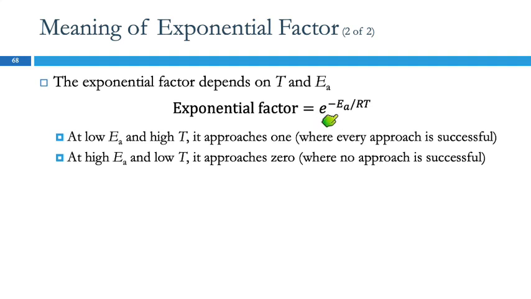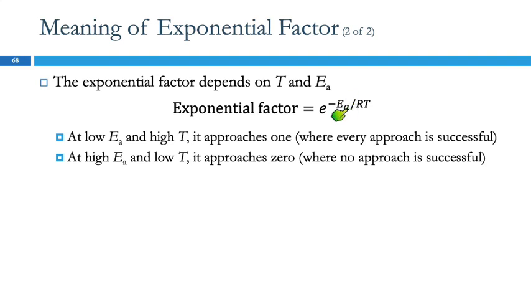So e to the negative this, sorry. So if this is low and that's high, then this is a very small number, right? So in order for that factor to be equal to 1, we need e to the 0, right?